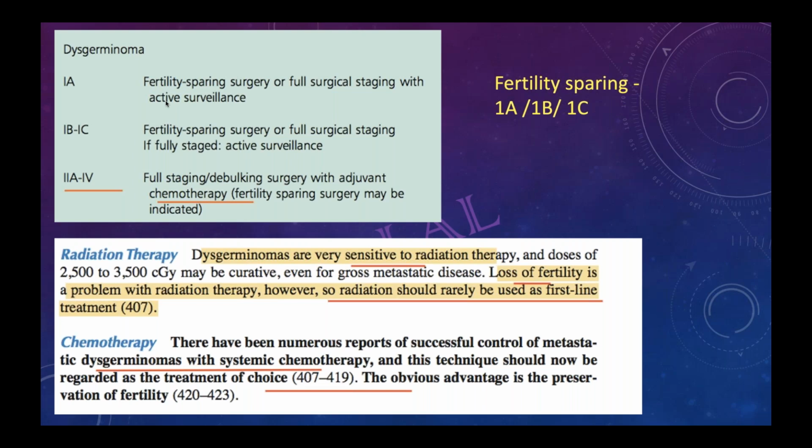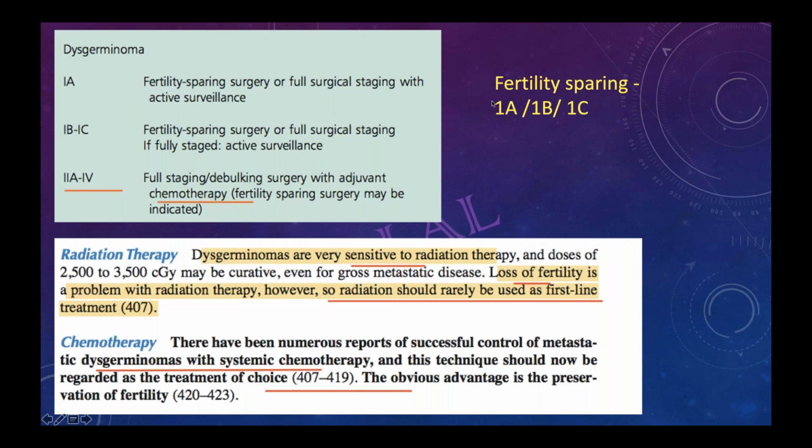Okay. So now if dysgerminoma is the diagnosis, in stage 1A, B, and C, fertility sparing surgery can be done. And more than that, there will be full staging, debulking surgery with adjuvant chemotherapy.